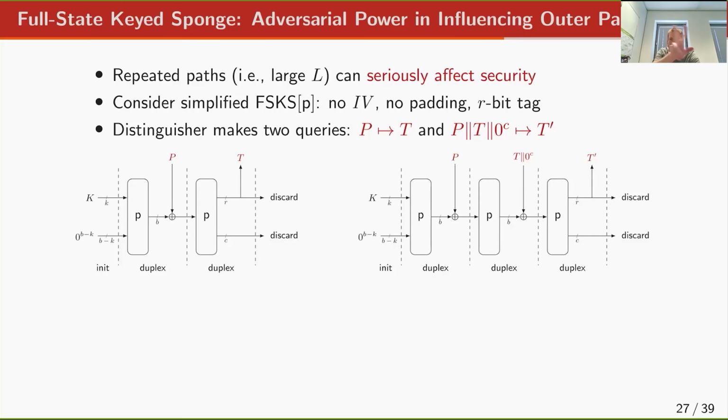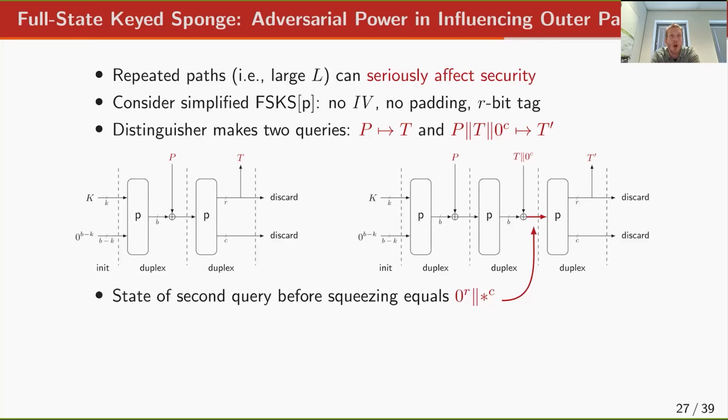If you look at these two evaluations of the full Keyak-Ponch, we know that the state before squeezing starts with R zeros. Technically, if you look at the path up to the second duplex, it is identical in both. So the path up to the second duplex in the first picture, the second dashed line, is just the plaintext.